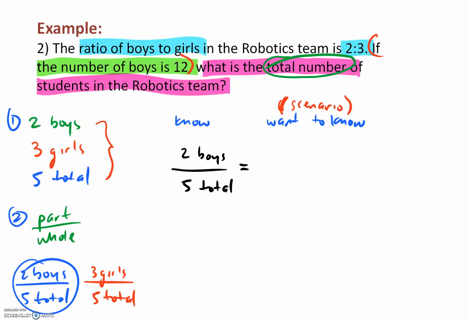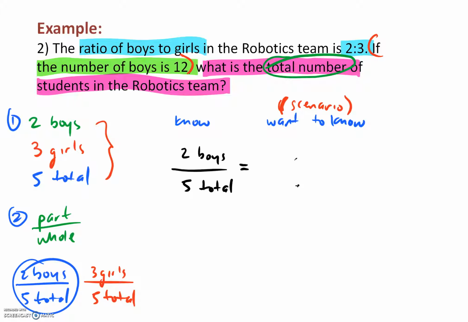And this is going to be equal to some other ratio that we get from the scenario. Well, if you recall, we actually already said that the scenario is if the number of boys is 12. So we know that one number in the scenario is going to be 12. Now 12 represents the number of boys. So you have to decide if 12 boys is going to be on the top or on the bottom. Well, remember that units have to match.